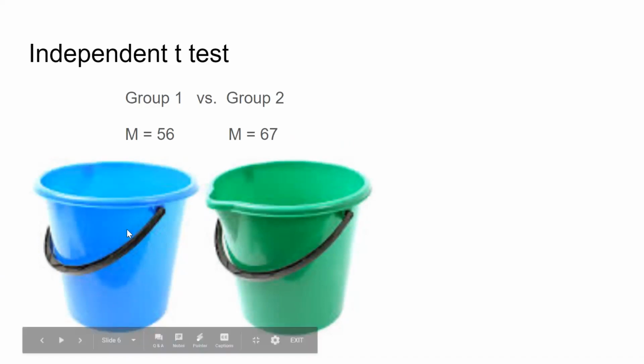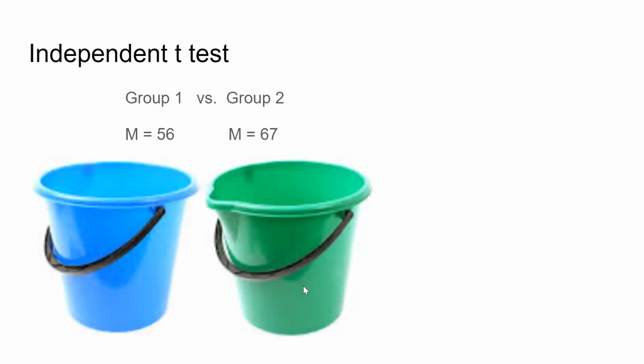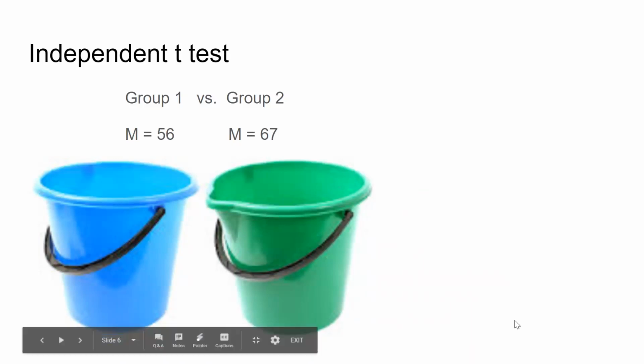Or maybe we're looking at the girls versus the boys. Or maybe we're looking at the people who received the after-school instruction and the ones who did not. So that's an independent t-test. You would have in your data set the means between these groups, and it's going to tell you if there is a statistically significant difference between these means.